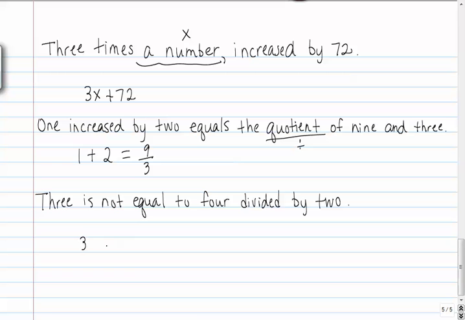So it's 3 is not equal to, that's your is not equal to sign. And 4 divided by 2, you could just write 4 over 2. So that's 3 is not equal to 4 divided by 2.